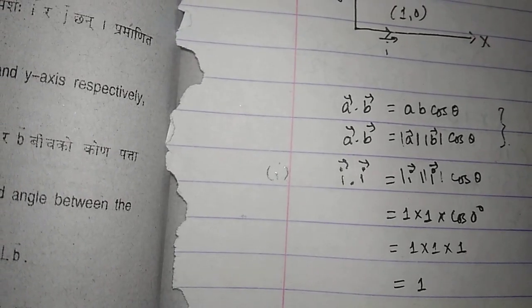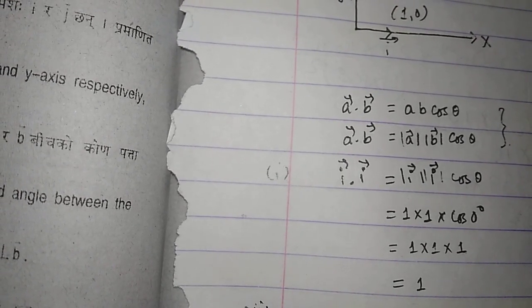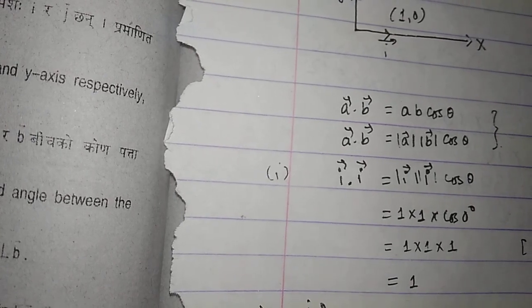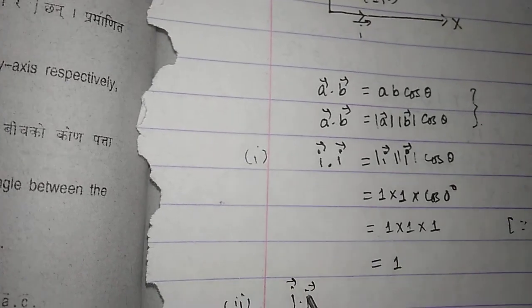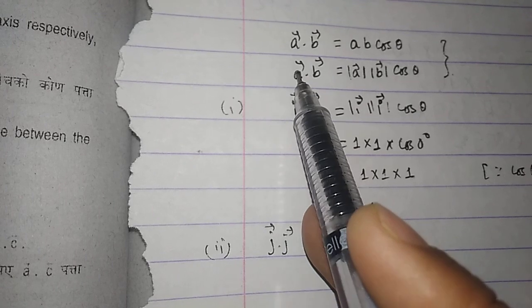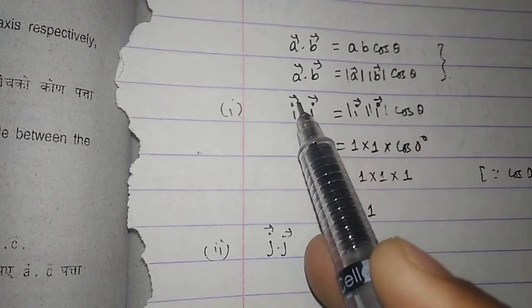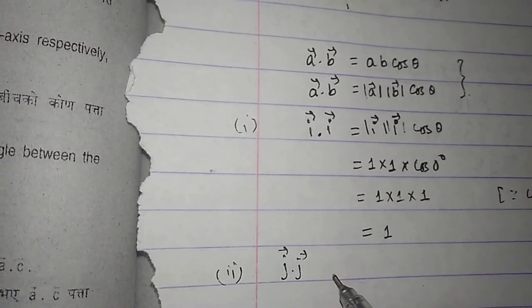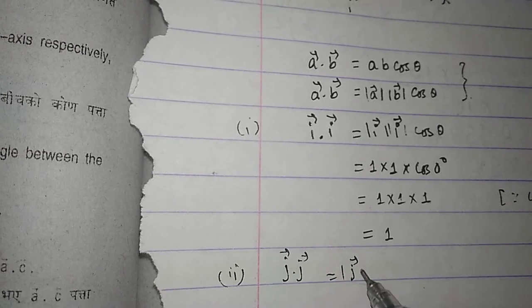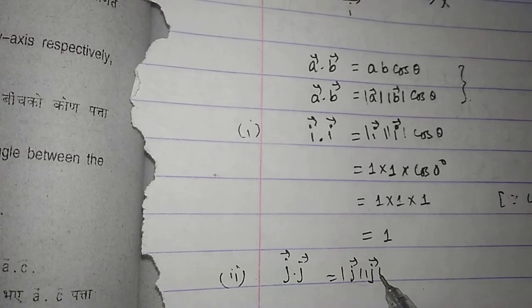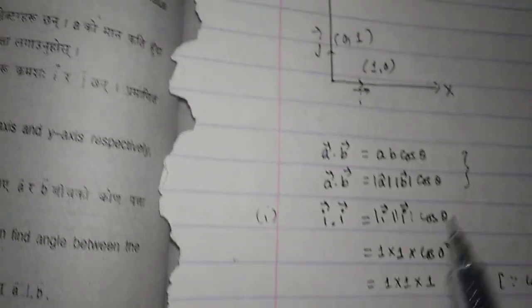Similarly, there is another question, j into j. The same rule applies for j. a dot b becomes j, magnitude, cos theta.